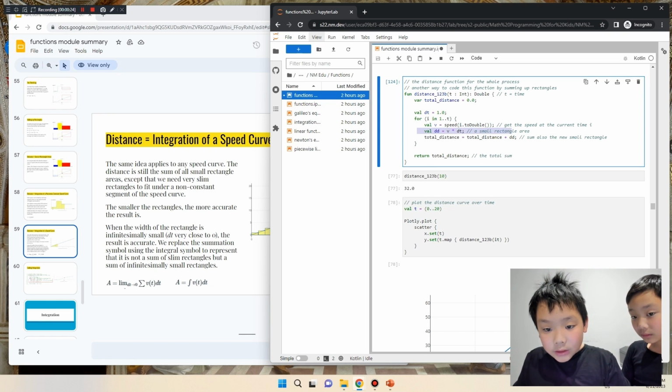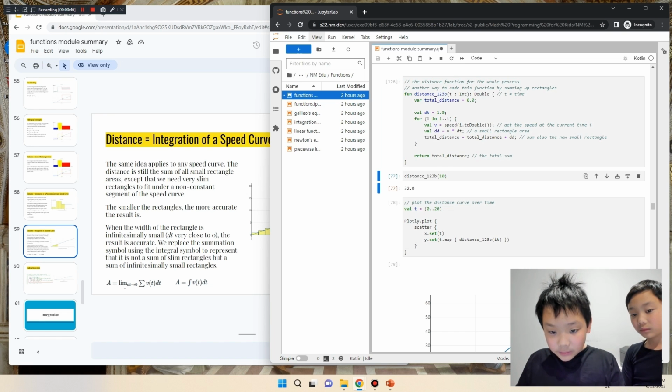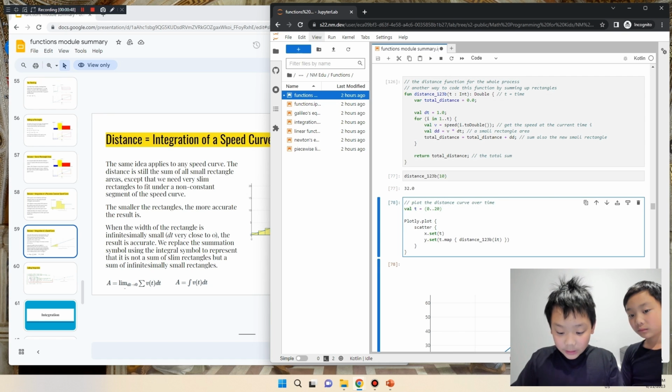So dd is a rectangle, so we do dd plus dd plus dd, i times. Because we can't do dd times i because the dd is constantly changing. So we do the total distance plus dd, which will give us 1, 2, 3b.